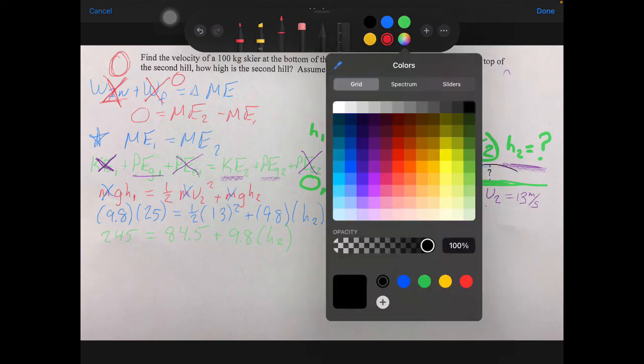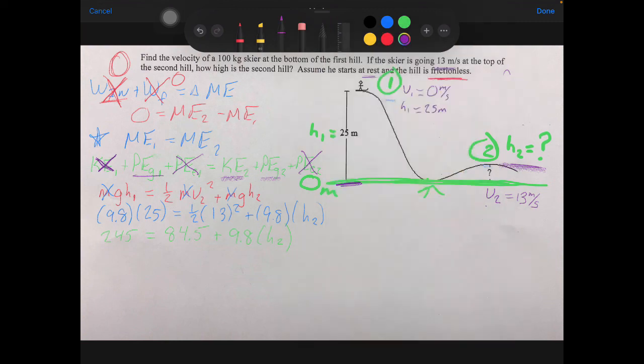Okay, now we are going to combine like terms. The way we do that is we subtract 84.5 from both sides. So 245 minus 84.5 gives us 160.5, which is equal to 9.8 times H2.